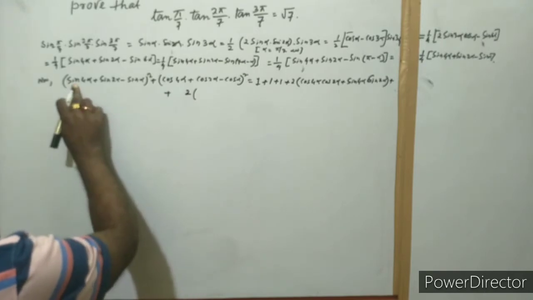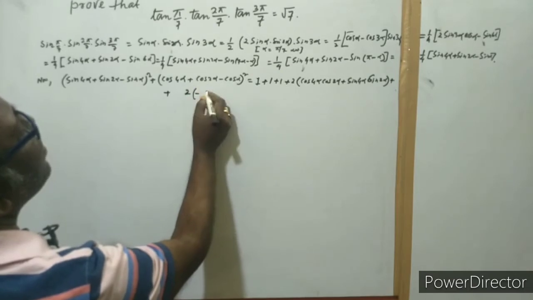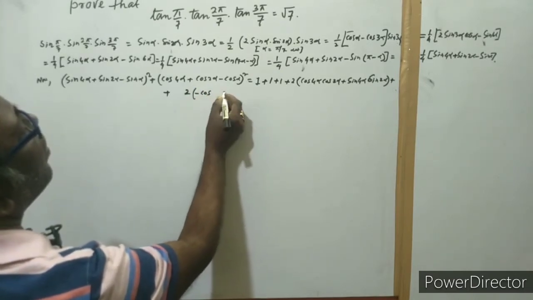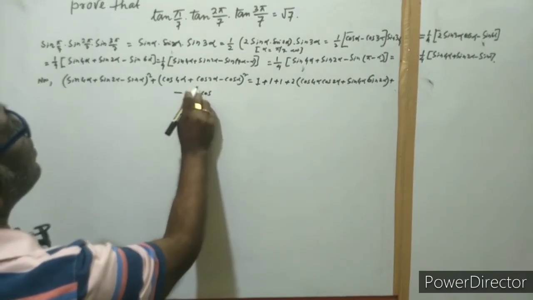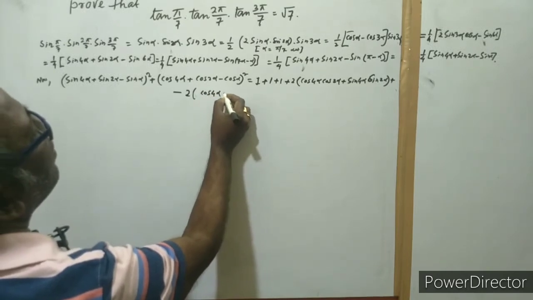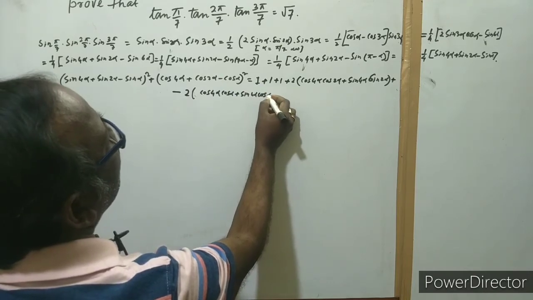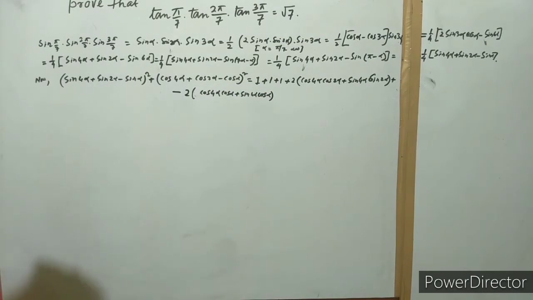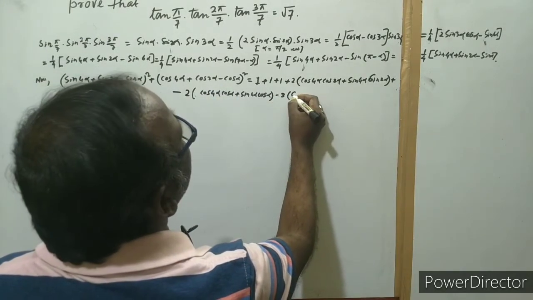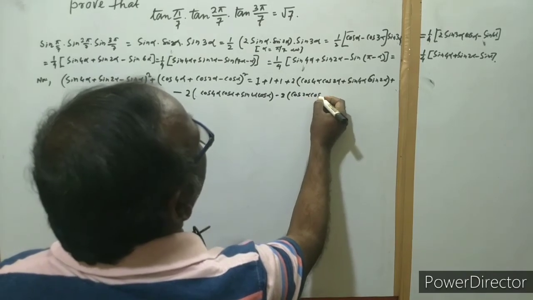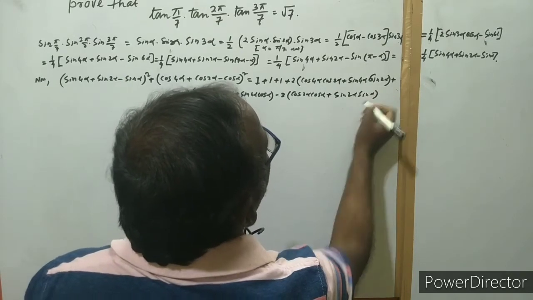This is AC, so that's why minus AC, so take a common minus here. 4 alpha plus 4 alpha, AC, BC, both the signs are minus, so minus 2 into cos 2 alpha cos alpha plus sin 2 alpha sin alpha.